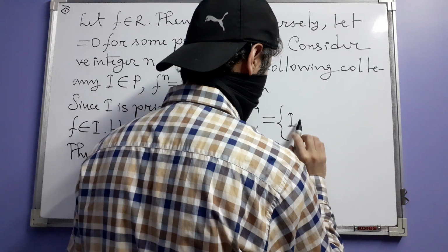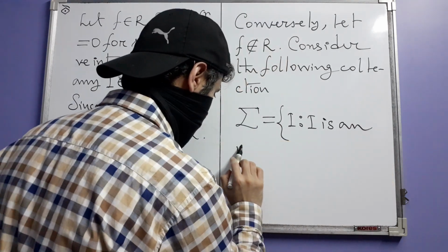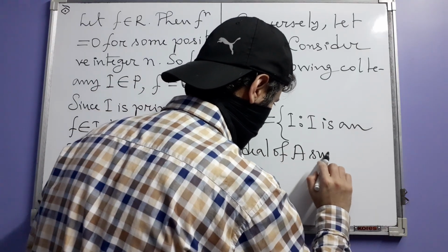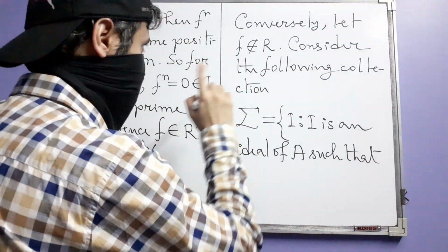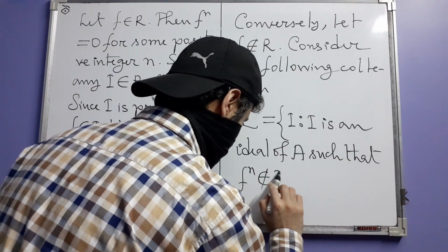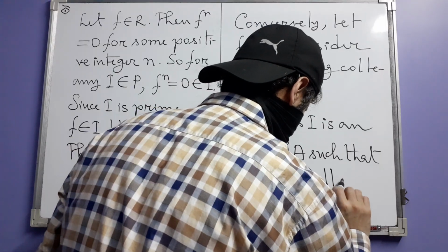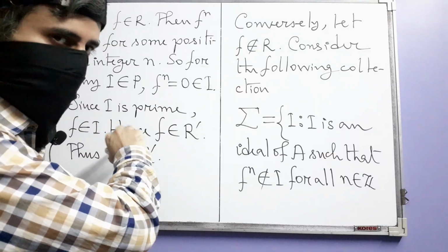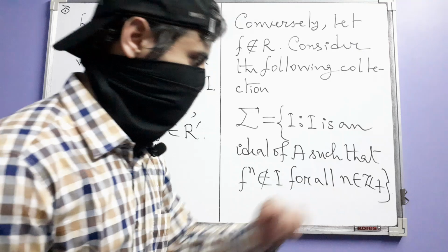The elements of sigma are ideals I of A such that this f to the power n does not belong to I for all positive integers n. But according to what I said just now, I can write that compactly like this.